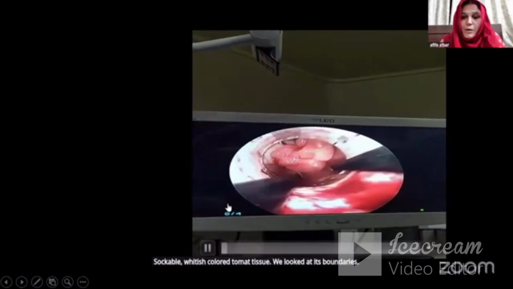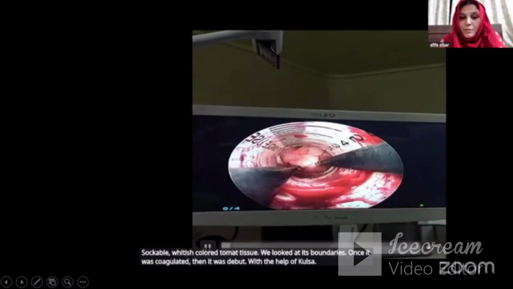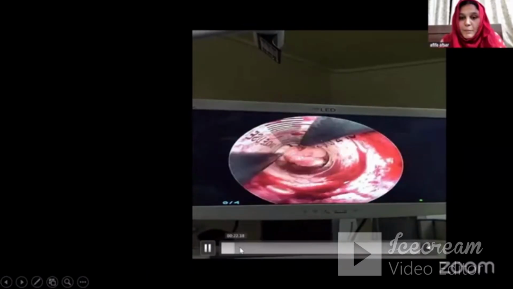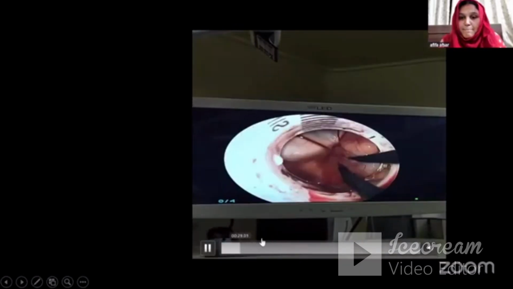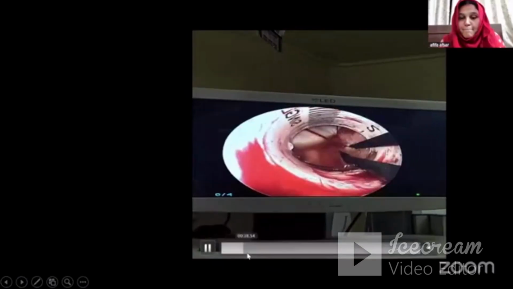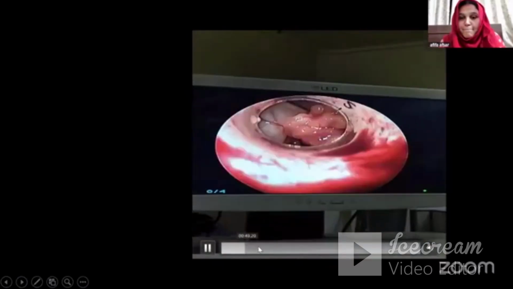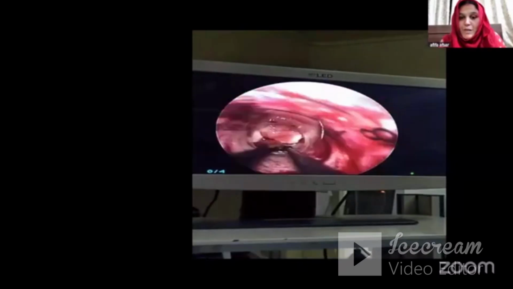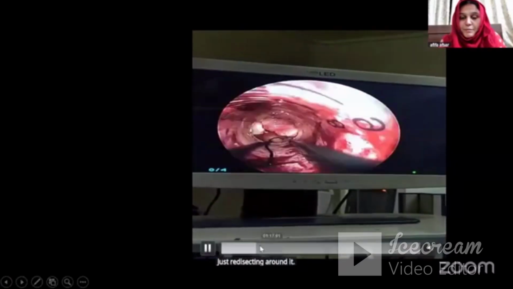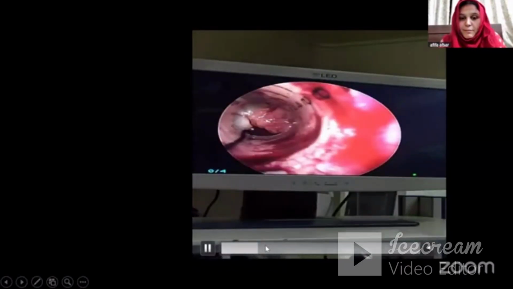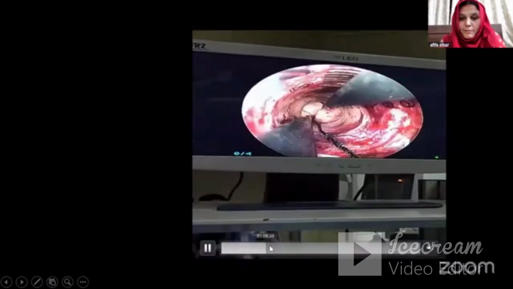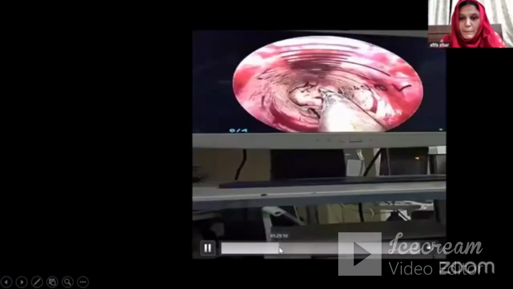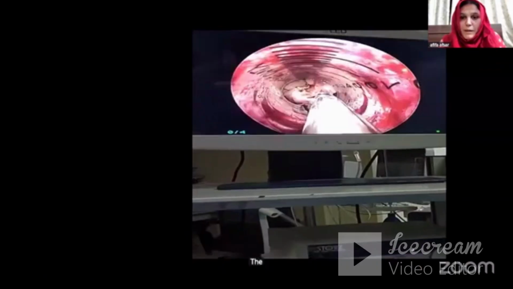Once it was coagulated, it was debulked with the help of the Cusa. Here we're dissecting around it. The biopsy was being taken.